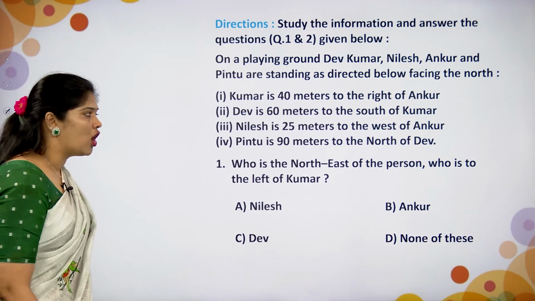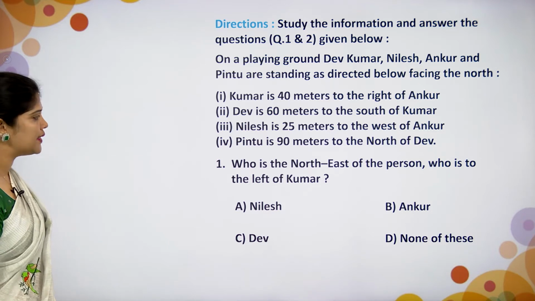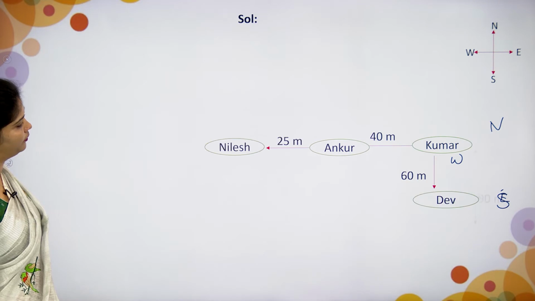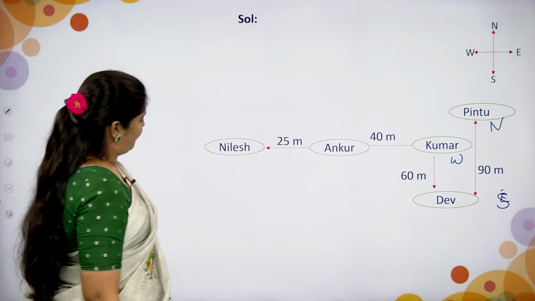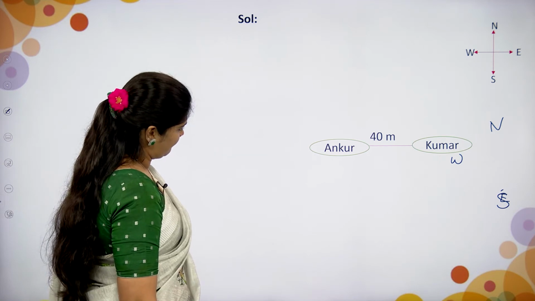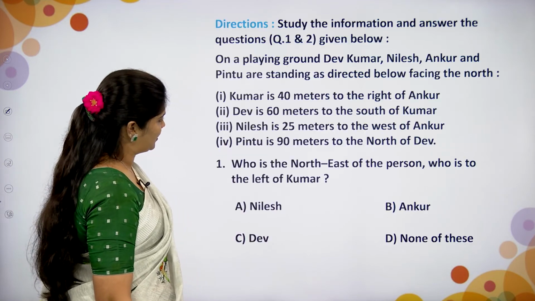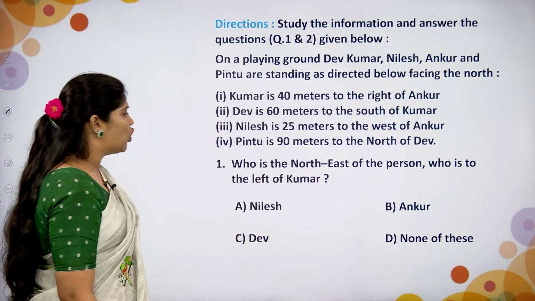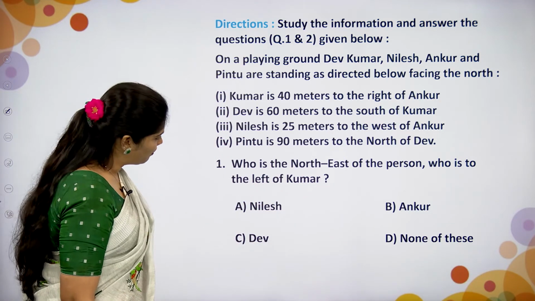Who is the northeast of the person? Who is the left of Kumar? That is the question. Question is what children? Who is the northeast of the person? Who is the left of Kumar?